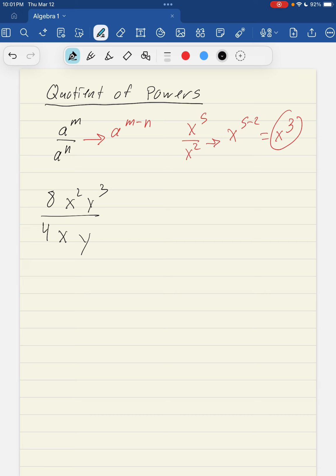Well, what we need to do here is divide the numbers like normal, kind of like we multiplied the numbers like normal with the products. And then subtract the exponents on like terms using the rule.